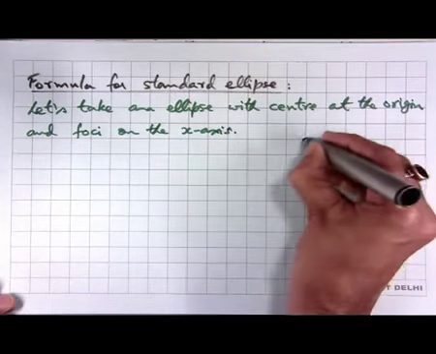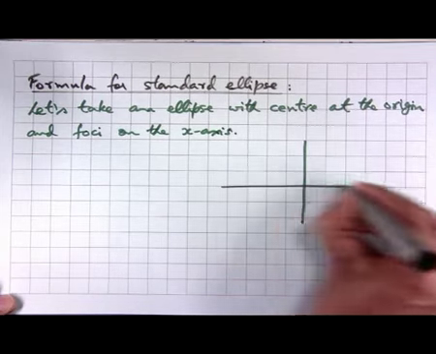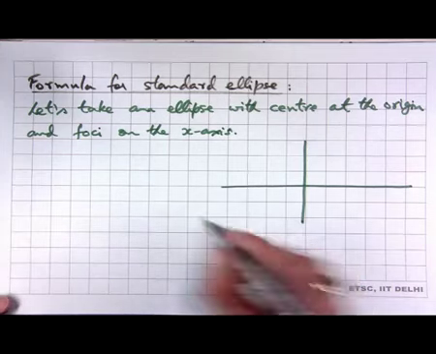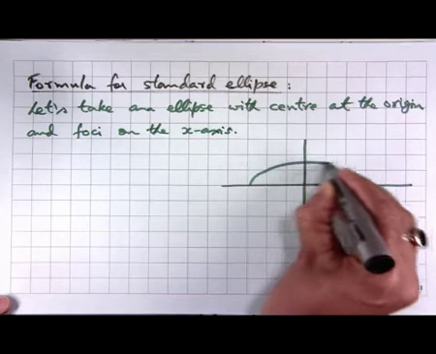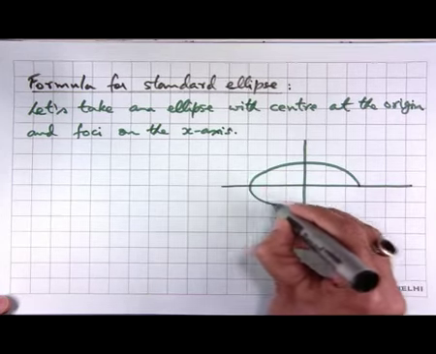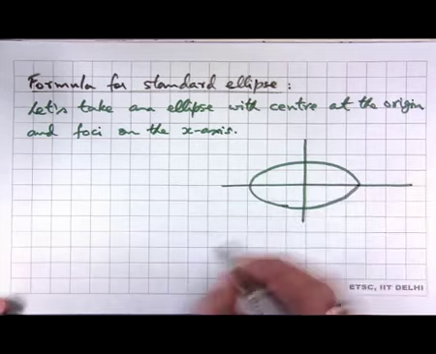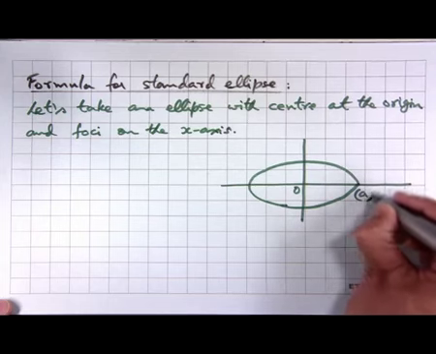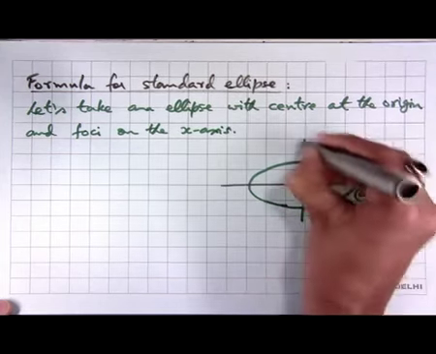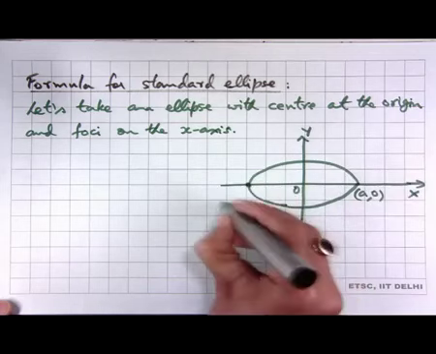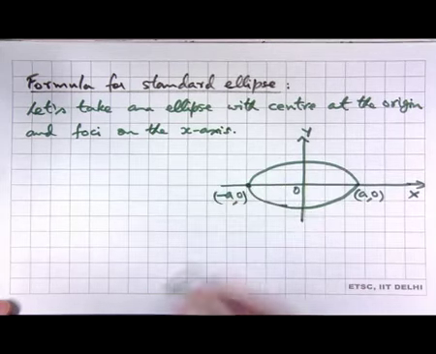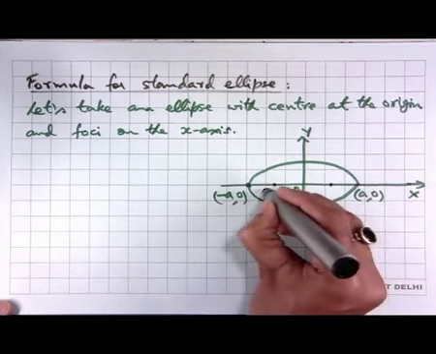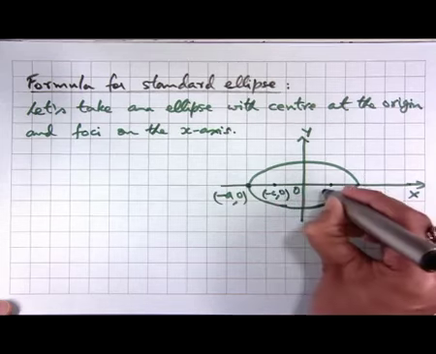So, we have the origin, and then we have (a, 0) and (-a, 0), then the foci F1 and F2 are (-c, 0) and (c, 0).